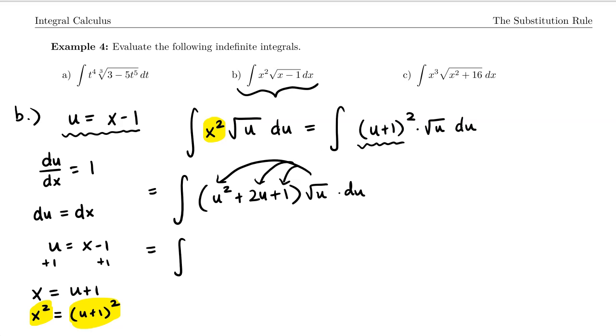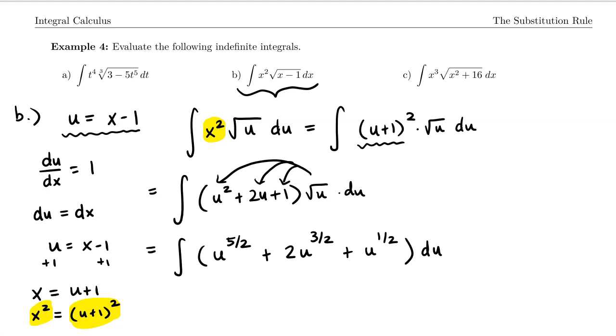At this stage we would get u, and then 2 plus 1/2 would be 5/2, and then plus 2 times u. 1 plus 1/2 should be 3/2. That would be my new power after I distribute. And then plus the square root of u times 1, I'm going to write that as u to the 1/2 power. And then I have du.